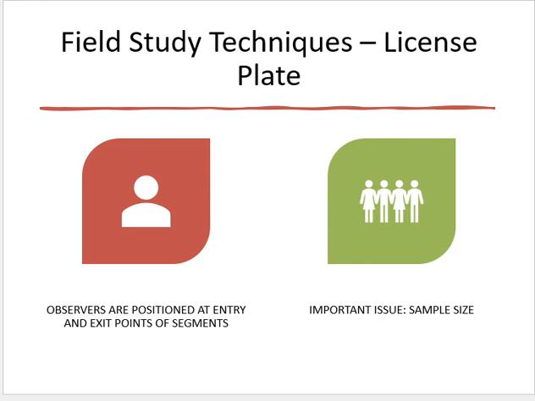The only problem with this method is the matching. If one observer misses the car, then he cannot have travel time, right? This is very common because you will be writing down the whole license plate number, the registration plate number, which can take 2 to 3 seconds, and in that time the other cars will be passing. So there is no way you can record the license plate numbers of all the cars.